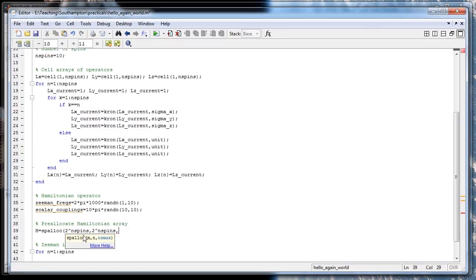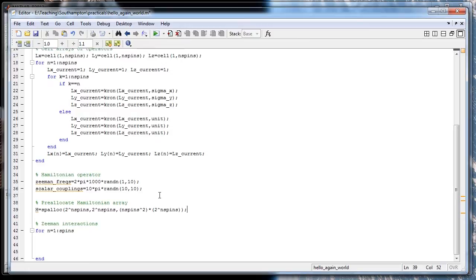But if you're interested in the exact bounds, they're very rarely reached, because not everything interacts with everything by far in a typical magnetic resonance system. But just in case, let's allocate enough memory to hold everything. So n spins squared times 2 to the n spins. I could never remember which way the operation priorities go in MATLAB, so I just bracket everything just in case.